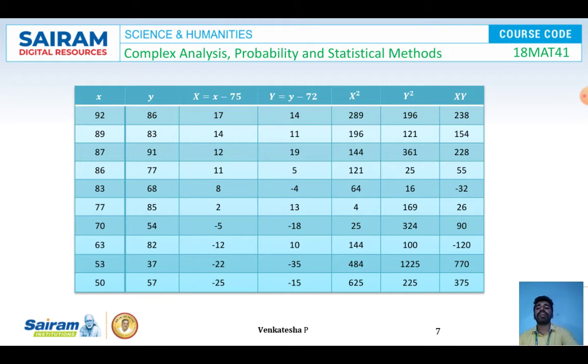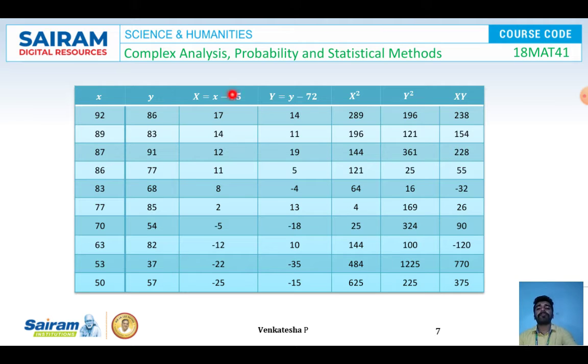So x is given by 92, 89, 87, 86, 83, 77, 70, 63, 53, 50, and y is given by 86, 83, 91, 77, 68, 85, 54, 82, 37, 57. Now to calculate capital X, subtract 75 from the entire x column.